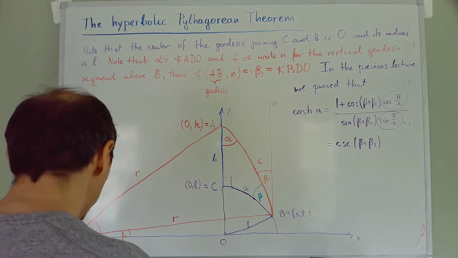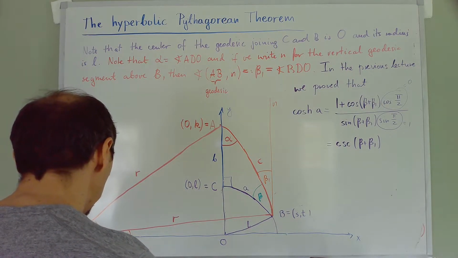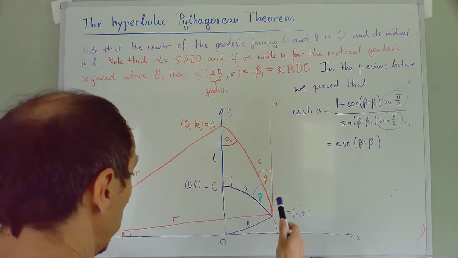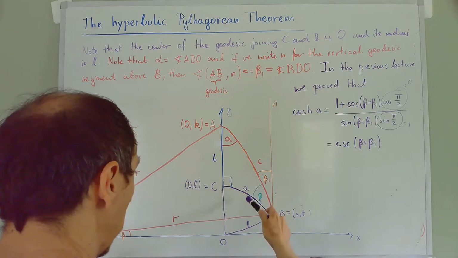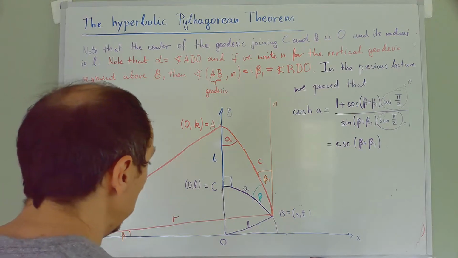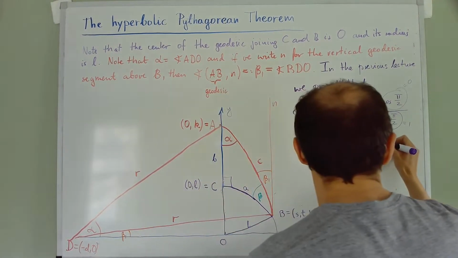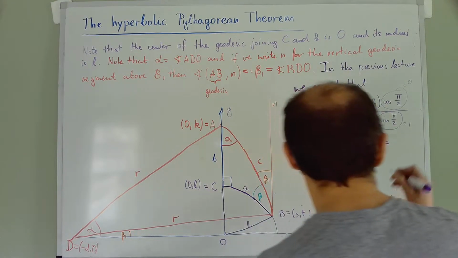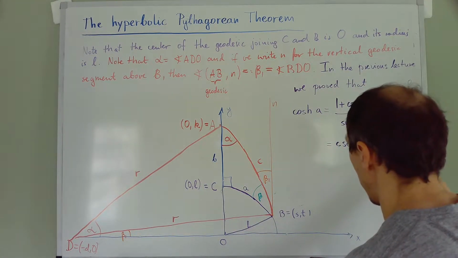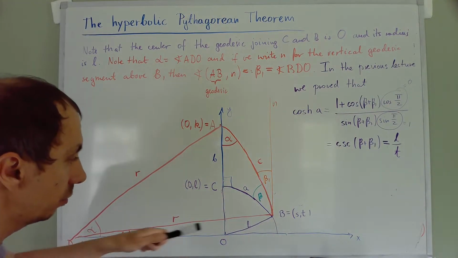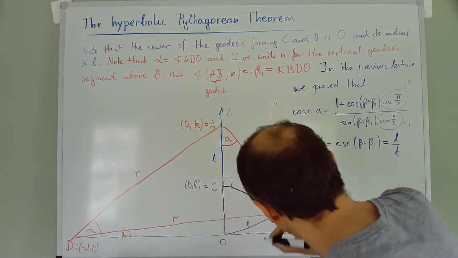Where is that triangle? Beta plus beta 1 is going to be this angle over here. So that is equal to L over T. I don't want to make the picture even harder to see.